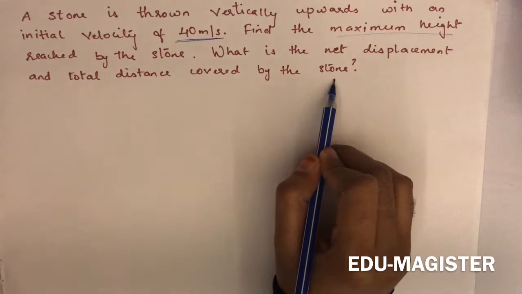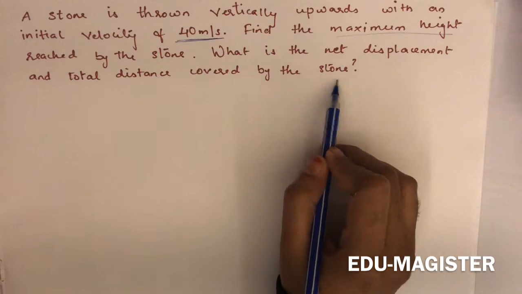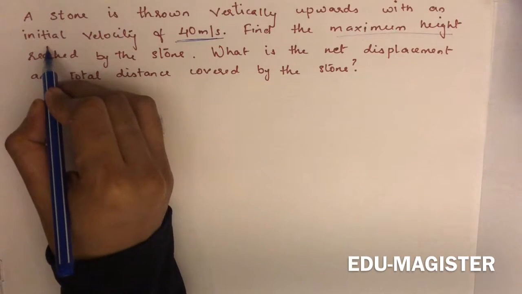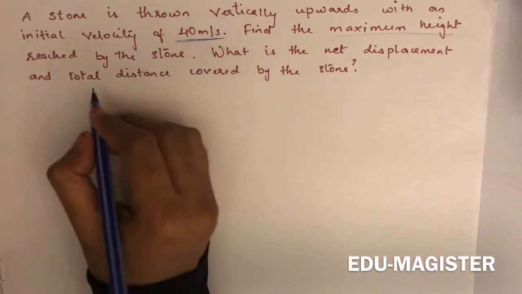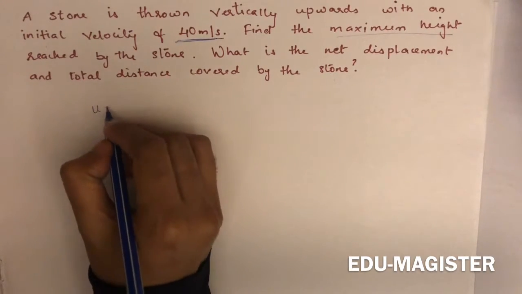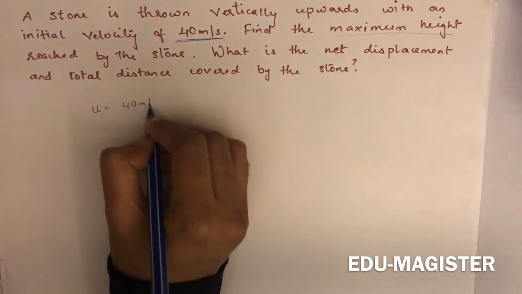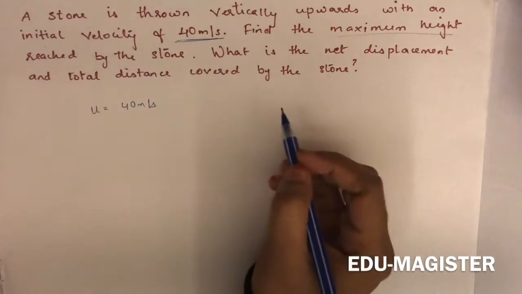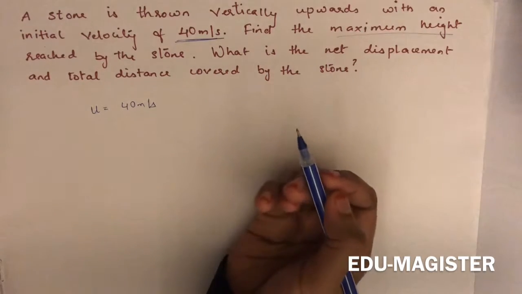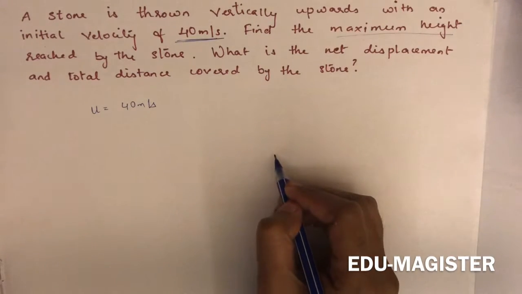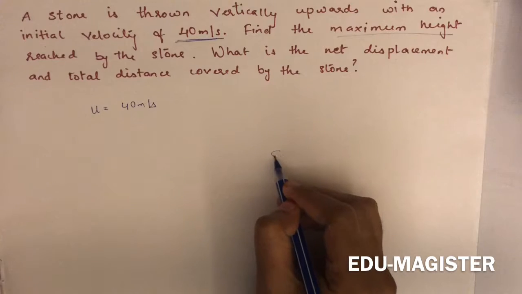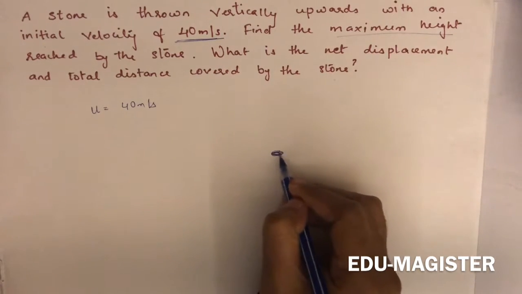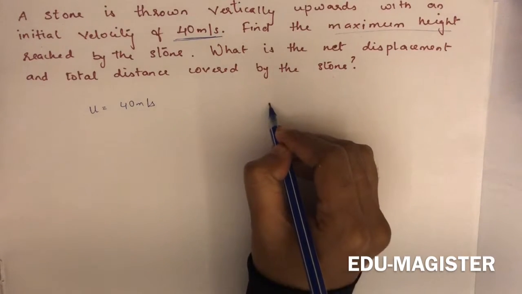So let's write down all the given data. First of all, they have given the initial velocity. So let's write u is equal to 40 meters per second. And here they are throwing the stone vertically upwards. That means let's imagine a stone here, and this stone is being thrown up.